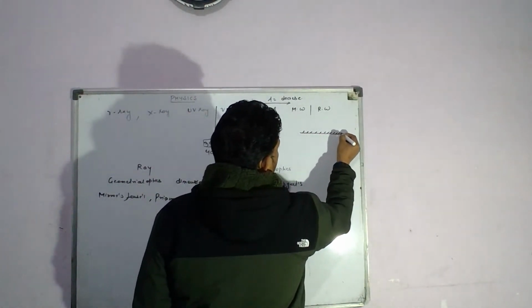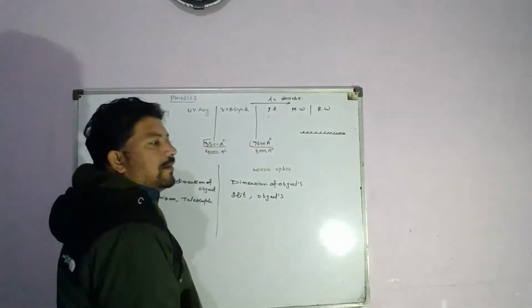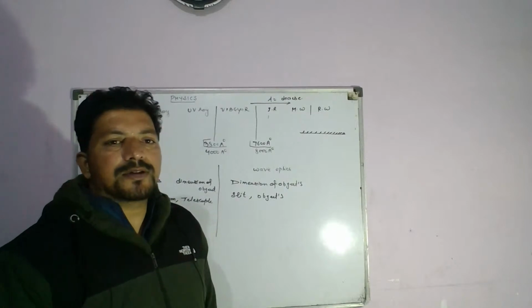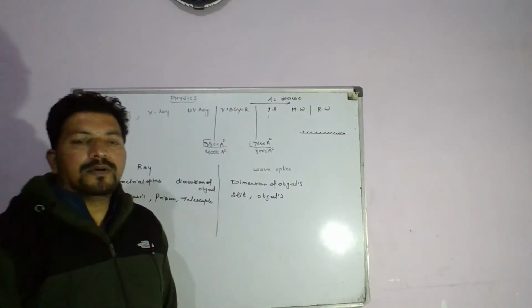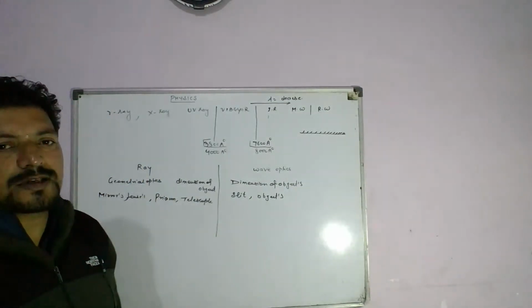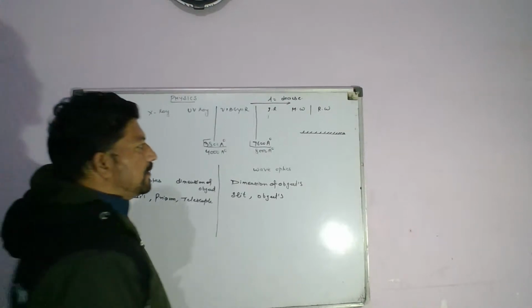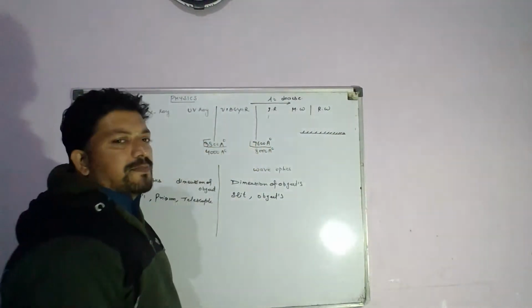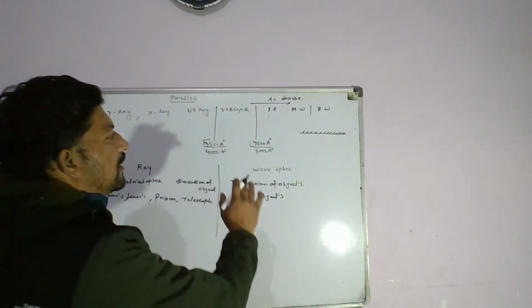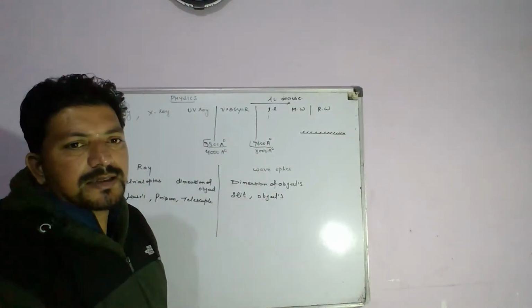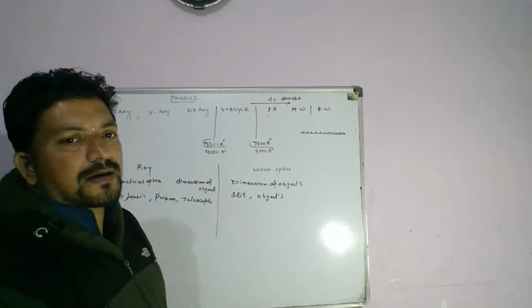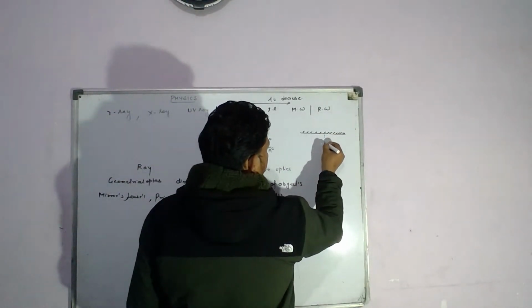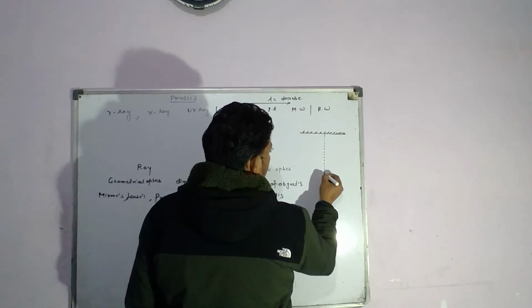Real, virtual, magnified, diminished, erect, inverted: if you don't know these concepts, I will explain all of them. It's a plane mirror and its back part is polished with silver color because silver is the best reflector of light. This is your normal, at 90 degrees.